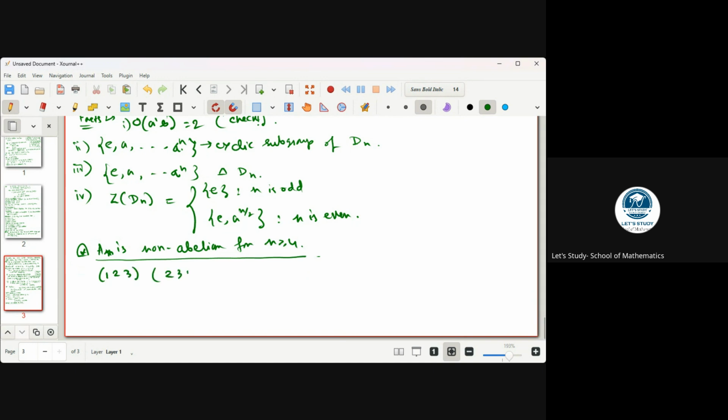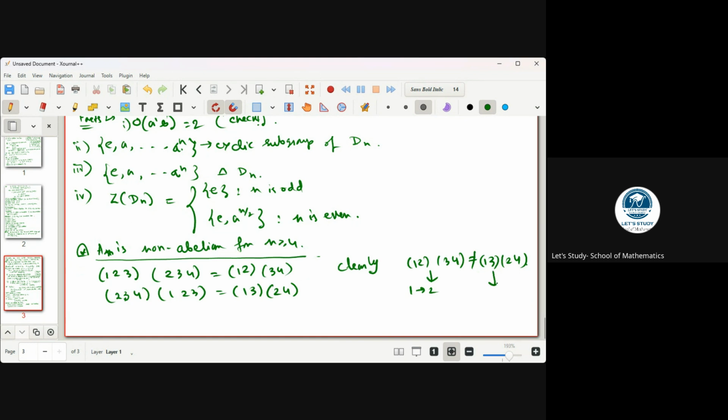(1 2 3)(2 3 4) will be equal to (1 2)(3 4). And take (2 3 4)(1 2 3), and this will be equal to (1 3)(2 4). Okay, so clearly (1 2)(3 4) is not equal to (1 3)(2 4), as here 1 goes to 2, here 1 goes to 3.